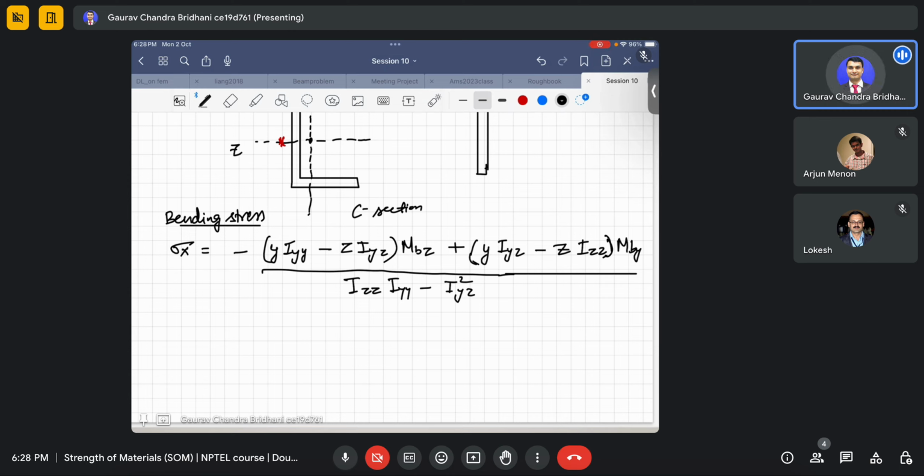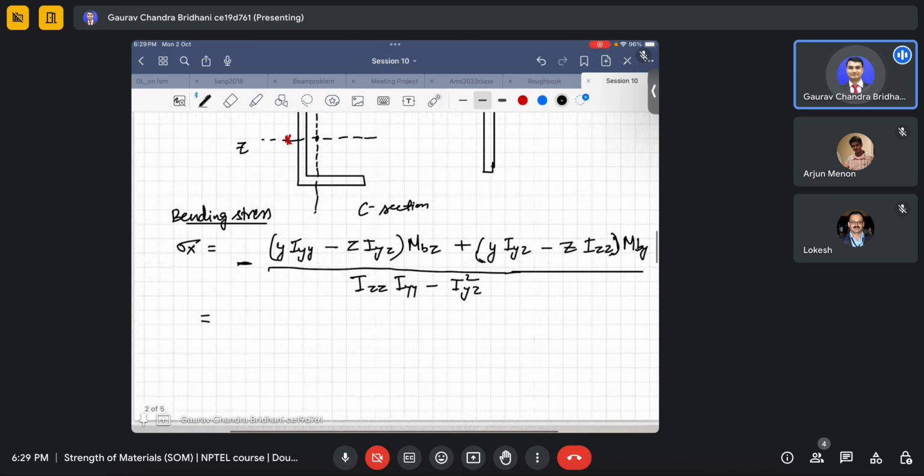And this minus is, I think, a combined minus. This negative applies to the full expression, not to the above term only, I guess.